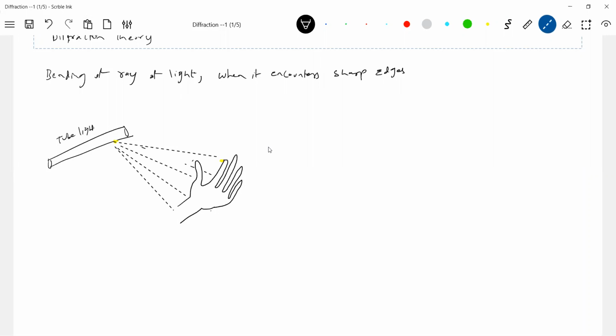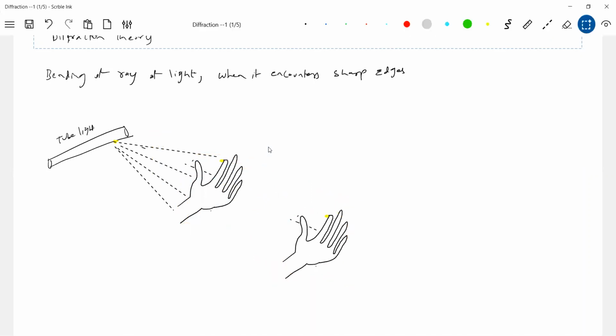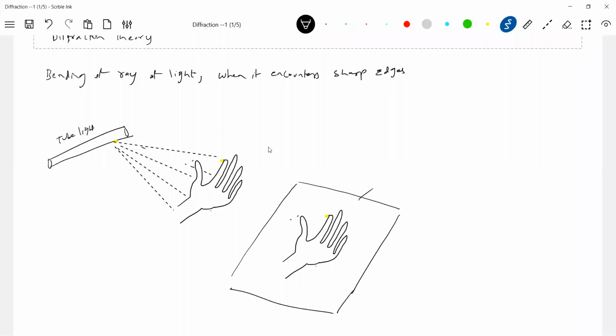Here we are going to see the shadow, how the shadow will be.